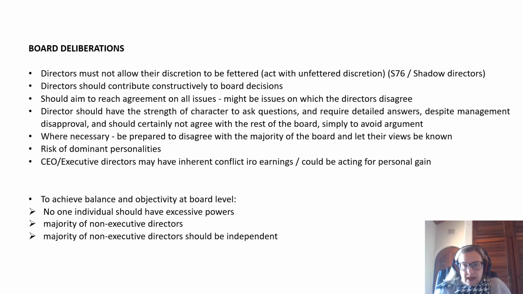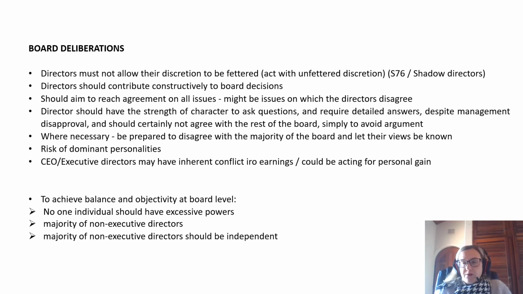keep the peace. Where it is necessary, however, it might happen that a director still does not agree with the board decision. So it goes to a vote. Say you've got 10 directors and 8 say yes and 2 say no. That's fine. That does happen.